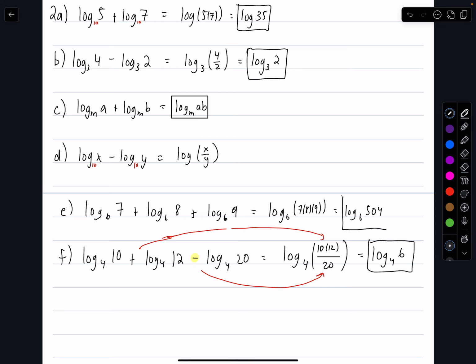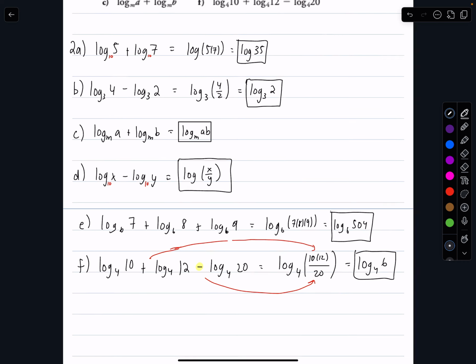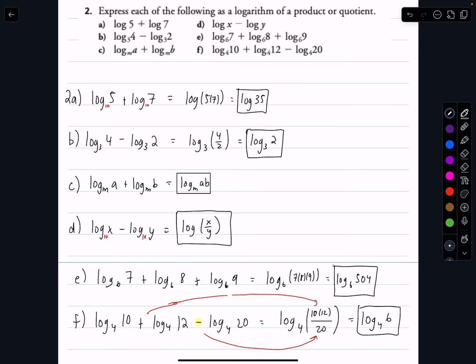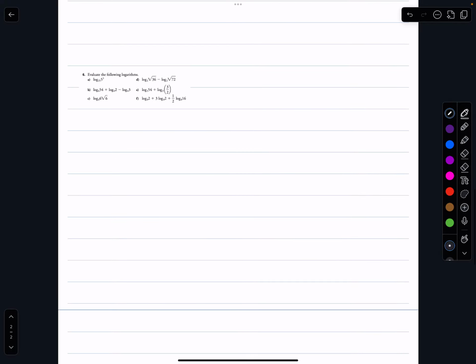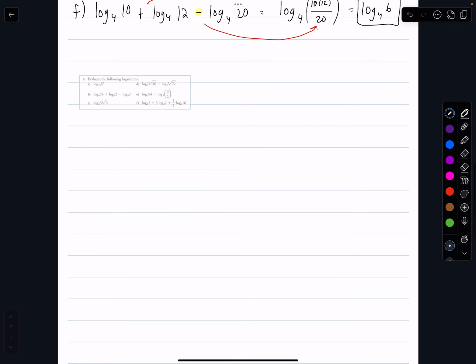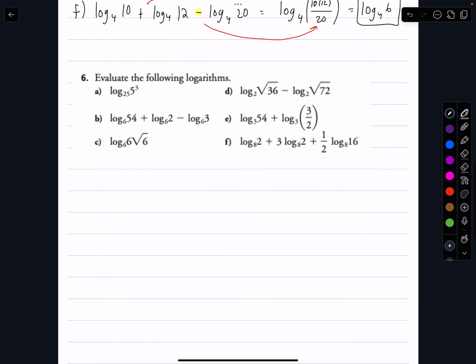I should have squared these ones. Cool. So this is a simple way of how you use the product and quotient rules to evaluate these logarithmic laws and expressions. So let's move on to some other logarithms that involve a combination of some of the power laws that we discussed as well.